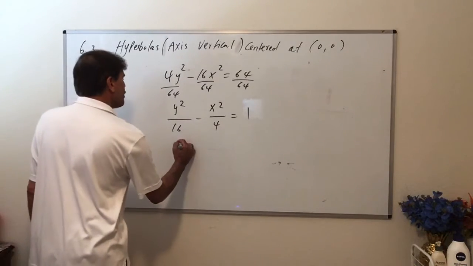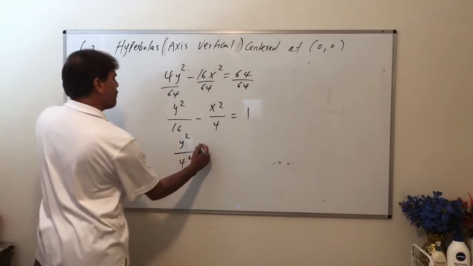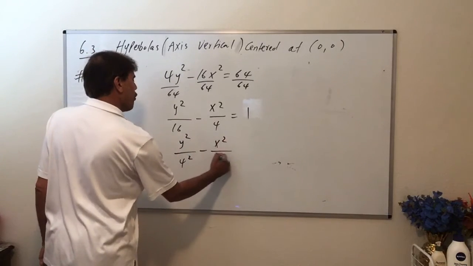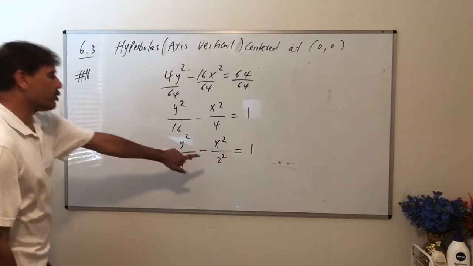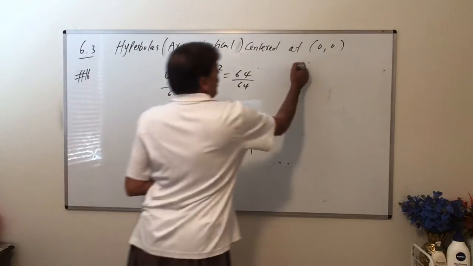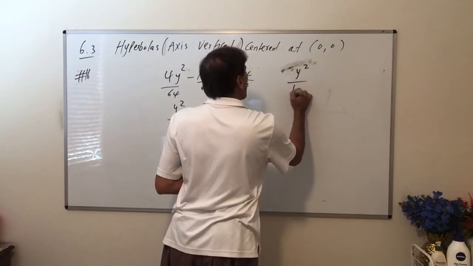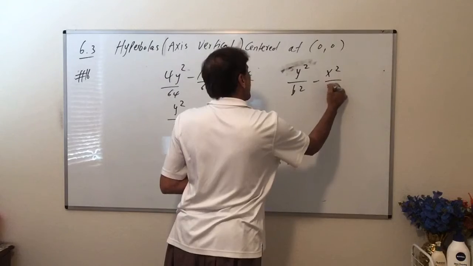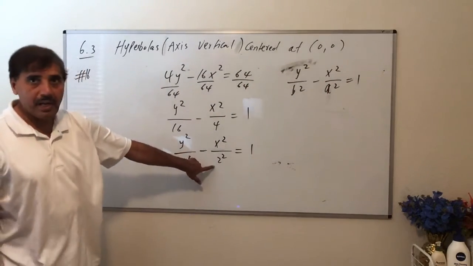You can also write y squared over 4 squared, so b is 4, minus x squared over 2 squared equals 1. So a is 2, and again it is y squared first: y squared over b squared minus x squared over a squared equals 1. The first one is b, the second one is a.